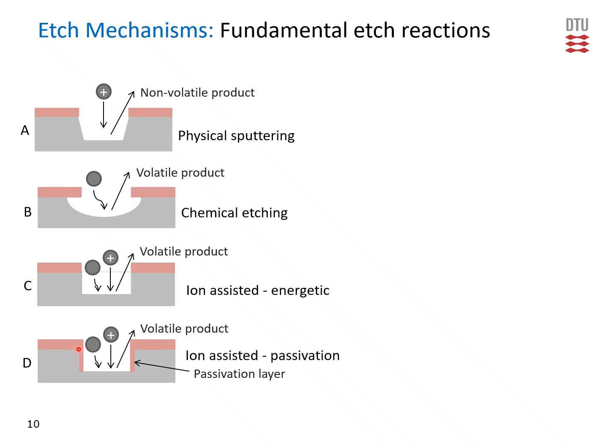In this case, the etch is also being done with reactive species, and in this case they can actually react without the ion bombardment, but then there will be some other species that will form some kind of passivation layer all over, and then the ions are needed to remove the passivation layer in the bottom so the etch can continue. We will come back in more detail on this mechanism.